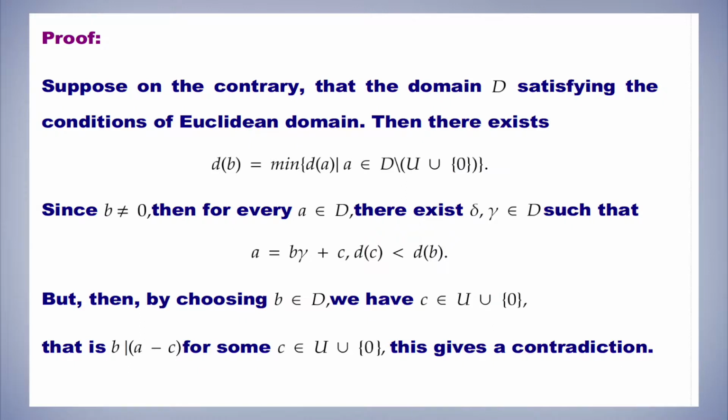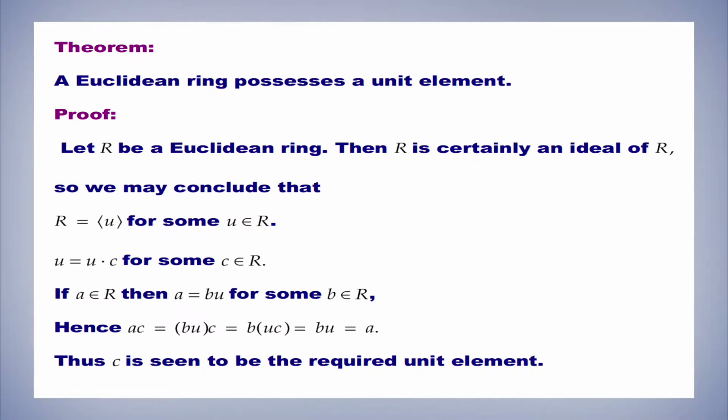Since B is not equal to 0, for every A belonging to D, there exist gamma and C belonging to D such that A can be written as B gamma plus C, and d of C is less than d of B. But by choosing B belonging to D, we have C belongs to U union singleton 0. That is, B divides A minus C for some C belonging to U union singleton 0. This gives a contradiction.